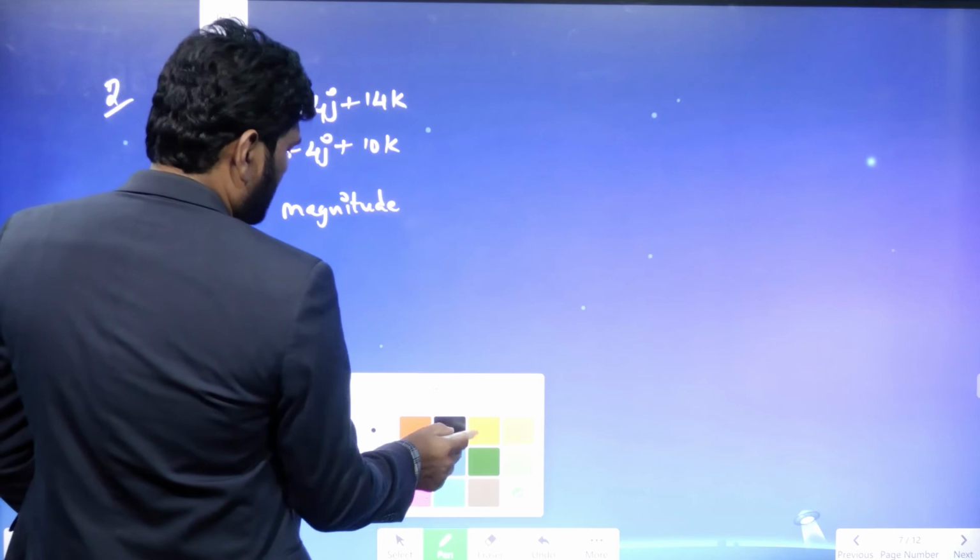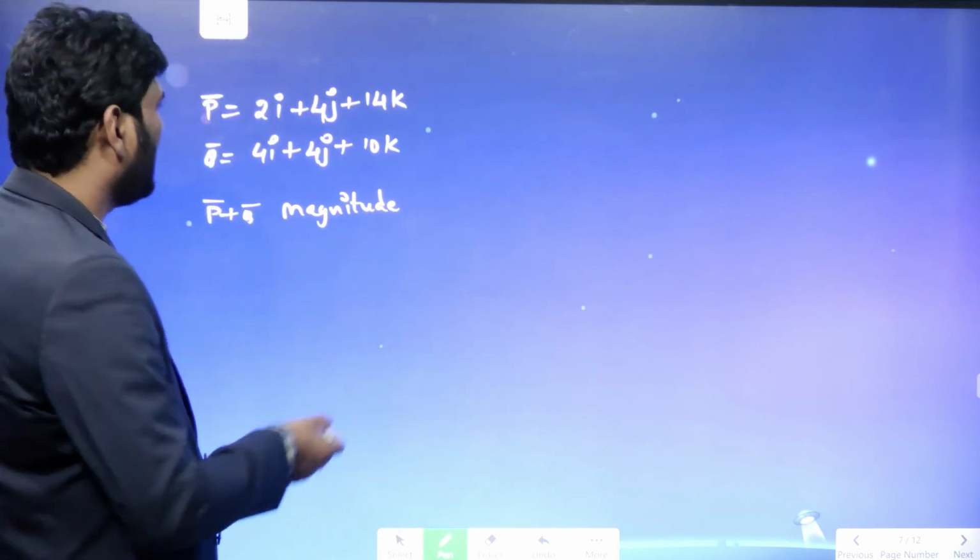How do you take this magnitude? Simply add these two vectors.